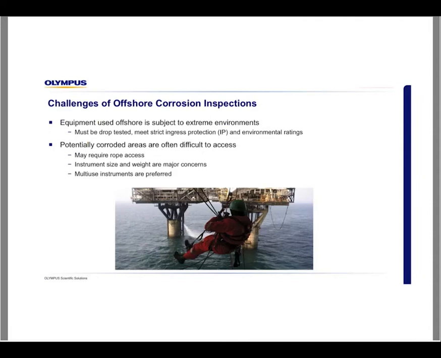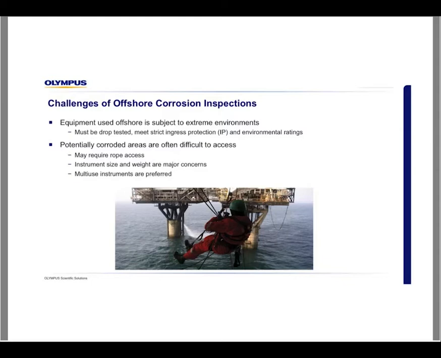Now, there are a number of challenges that are specific to offshore corrosion inspections. An offshore platform is often far from the middle of the ocean. They're frequently in very challenging environments. So the equipment that's used by inspectors on these offshore rigs needs to be rugged and suitable for use in these challenging environments.